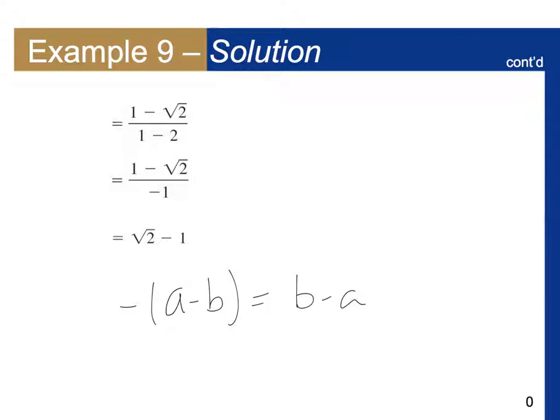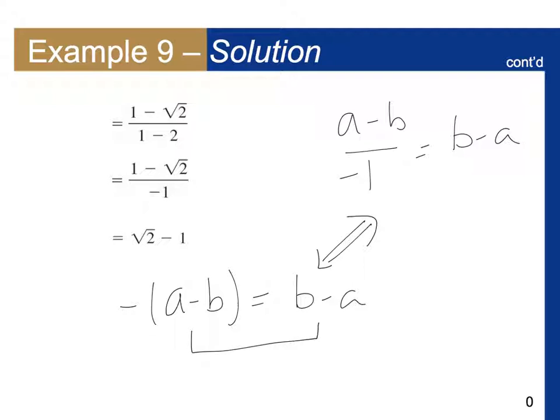Or we could say, a minus b over minus 1 is b minus a. So that's kind of what we're using there. These are the same thing, basically. Divide by minus 1 is the same as multiplying times minus 1. So when you have subtraction, and you change it to the opposite, you're just switching the order of subtraction.